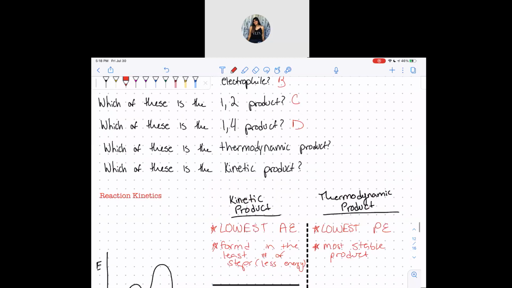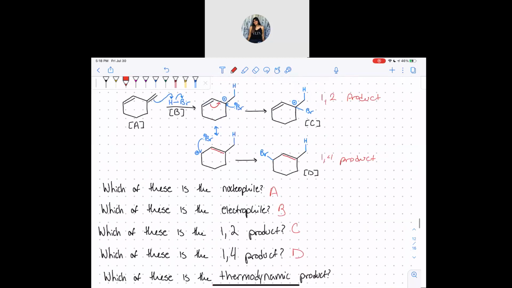So if we scroll back up here, this guy was made in the least number of steps. This was made the fastest. It used the least energy. This one went through that extra step, used all that extra energy here, but it made a more stable double bond. So this double bond is di-substituted. This one is tri-substituted.